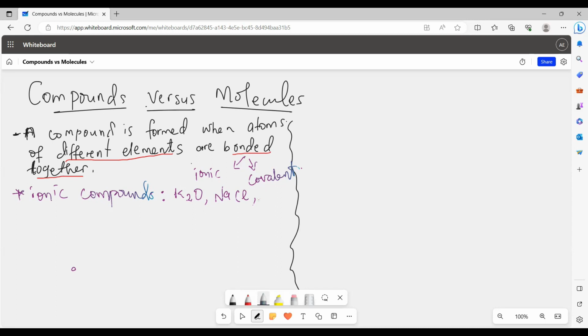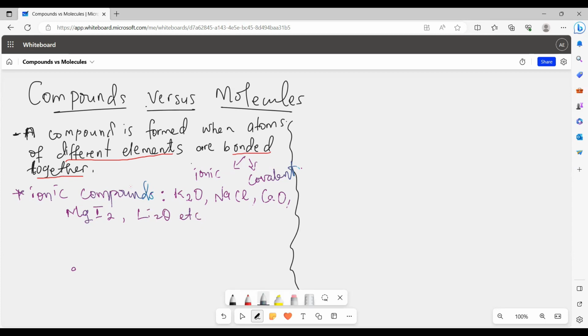You could have calcium oxide, right? So you could have again magnesium iodide, right? There are so many compounds that you could have. I can put lithium oxide still, etc. So all these are examples of ionic compounds.